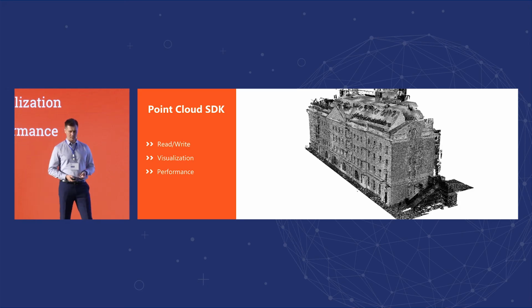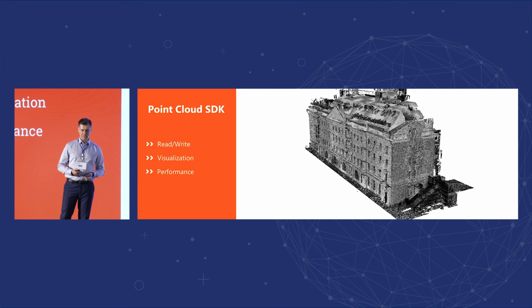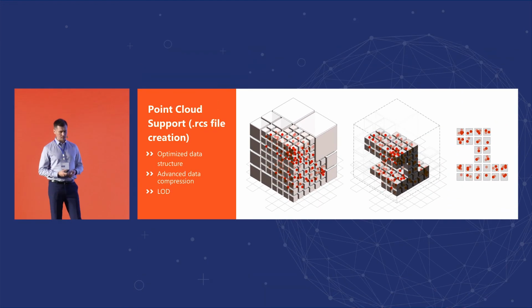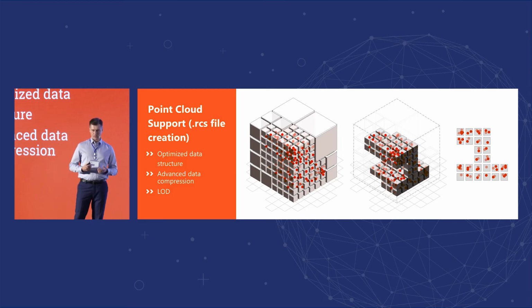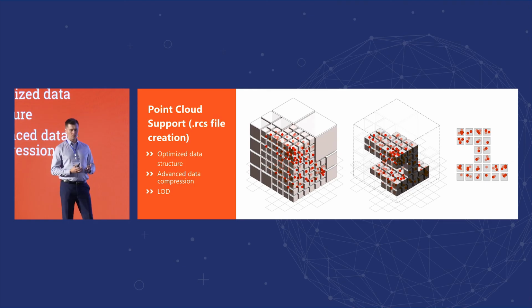And that was done in the following way. We needed to implement a set of quite complex tasks. The first one was to organize all those points according to a special structure that's called the octree and operates with smaller subvolumes called voxels.